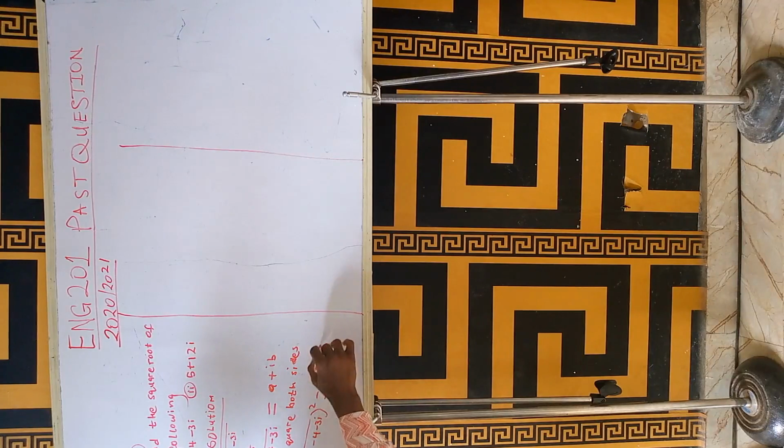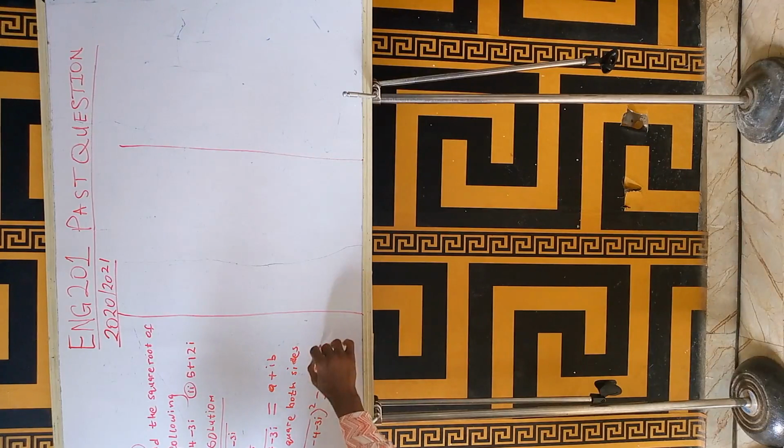Minus 4 minus 3i will now be equal to a plus ib all squared. You can split this square, and when you split it, you have minus 4 minus 3i equals a plus ib times a plus ib.